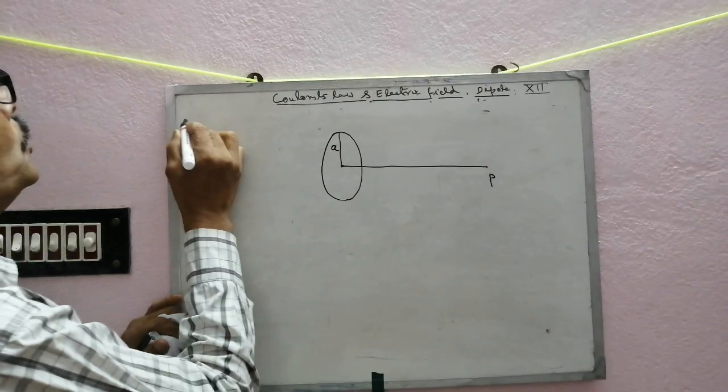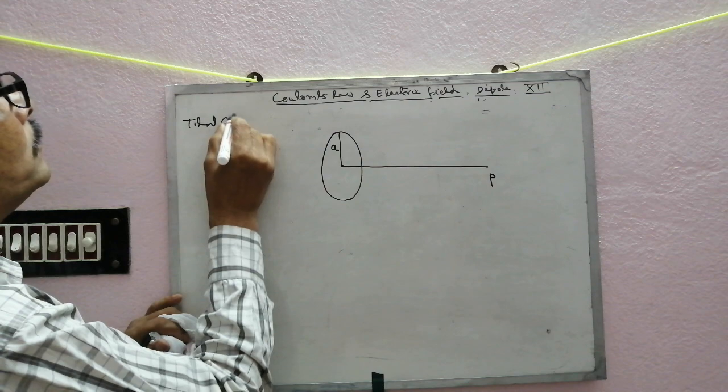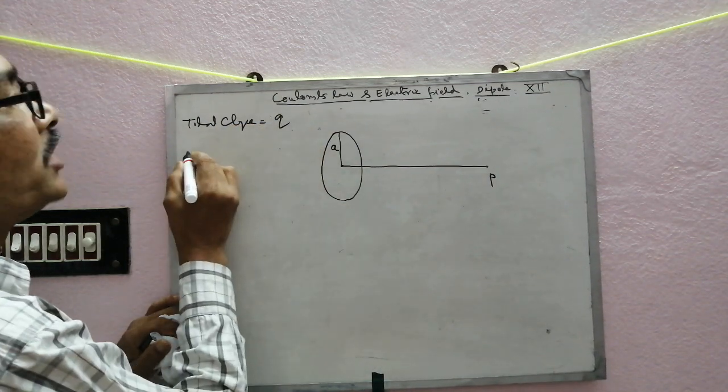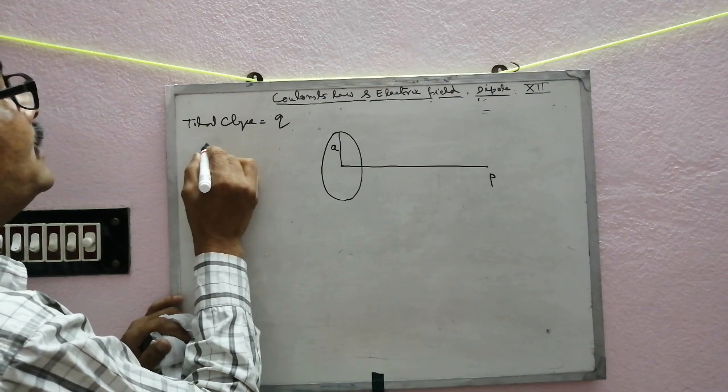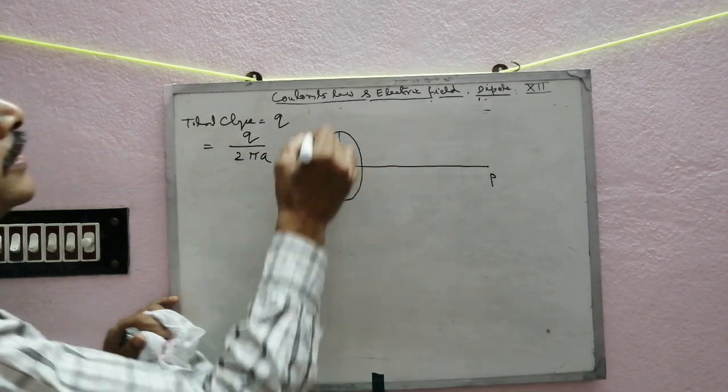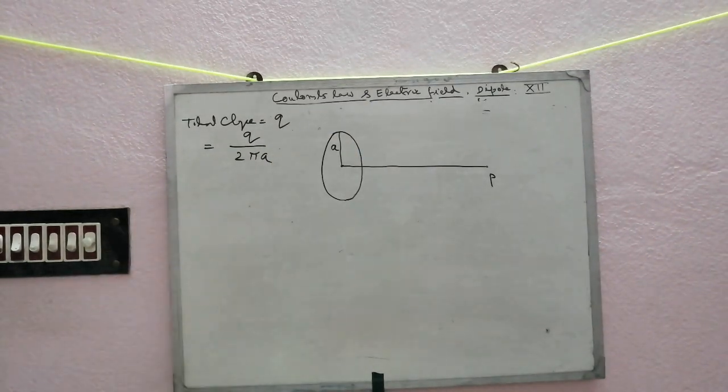Suppose the total charge is Q. So charge per unit length is Q by 2 pi A. Circumference 2 pi A, charge per unit length.